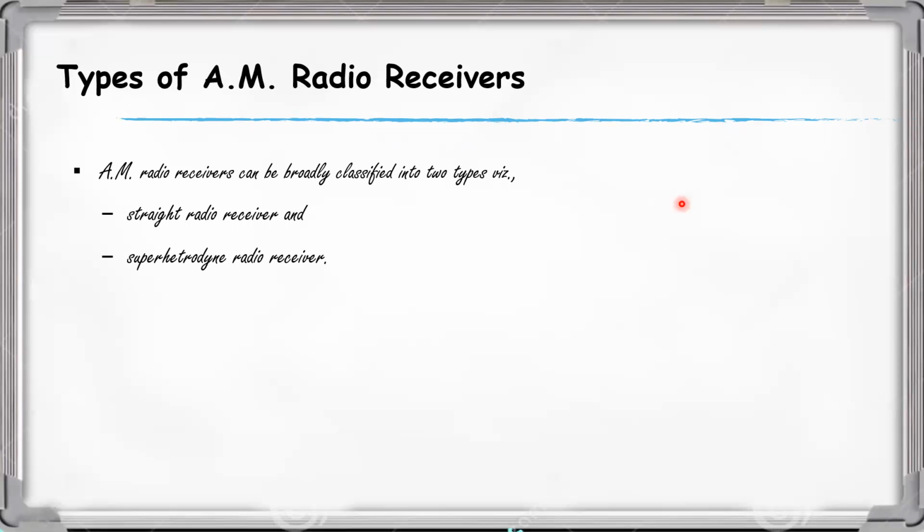In the beginning of radio transmission and reception, we used the straight radio receiver.